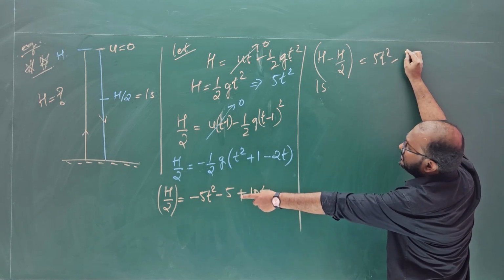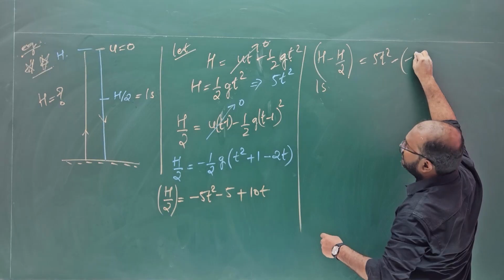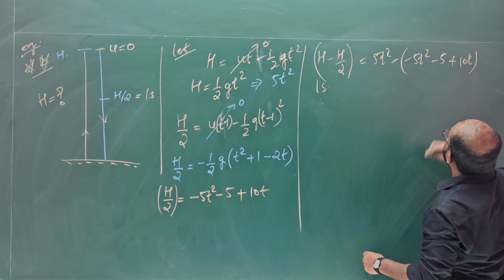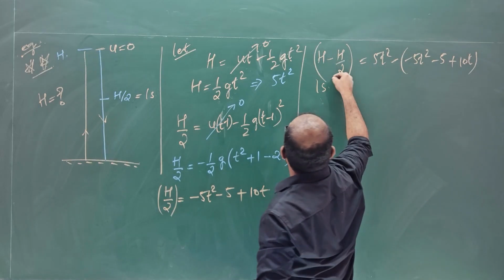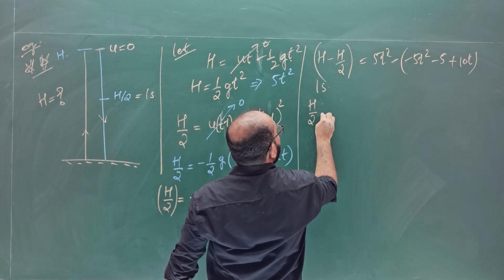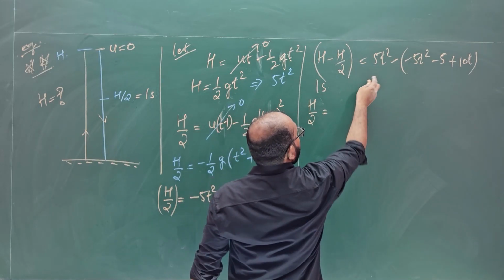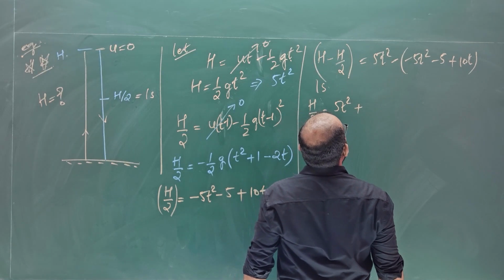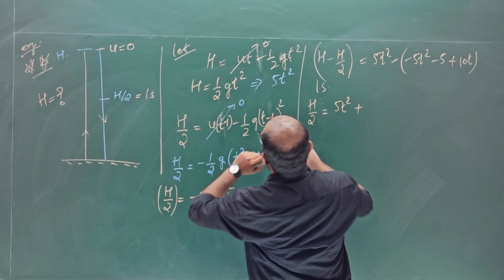so this minus and this minus becomes, main likh deta hoon re bhai, 5t square minus of 5 plus of 10t, or this total can be written as h by 2, which is equals to 5t square plus of, ye minus hai na? Okay, thank you.